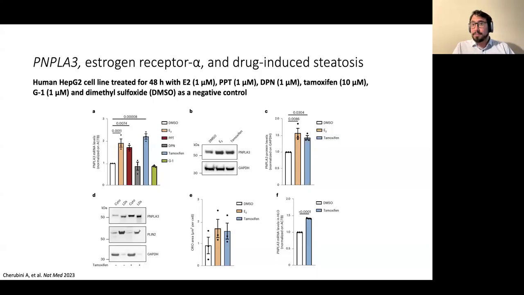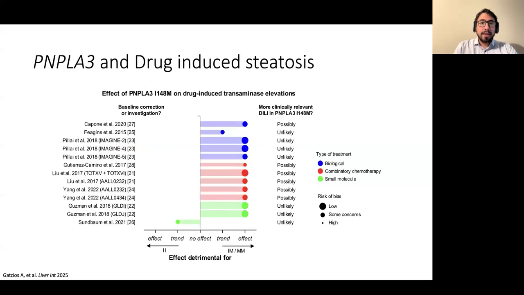And that, I think, requires validation, but probably opens a new area of development, considering that most of the genes in drug-induced liver injury have been focused in the HLA. And finally, what happens with PNPLA3 and other drug-induced steatosis medications? Well, this is a recent systematic review that showed that PNPLA3 probably doesn't have an association with or modulate drug-induced steatosis.